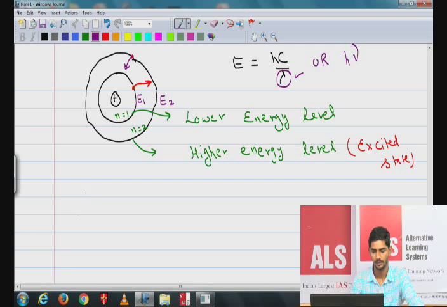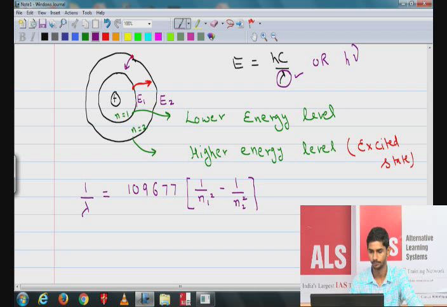See, 1 upon lambda is equal to 109,677 times 1 upon n1 square minus 1 upon n2 square, into Z square.